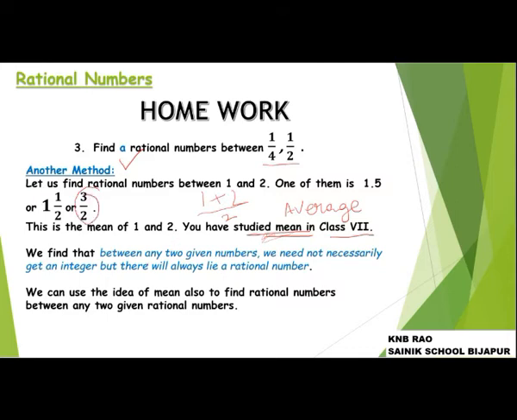Now, between any two given rational numbers, we need not necessarily get an integer. There will always be so many rational numbers lying between them. We can have even rational numbers lying there.